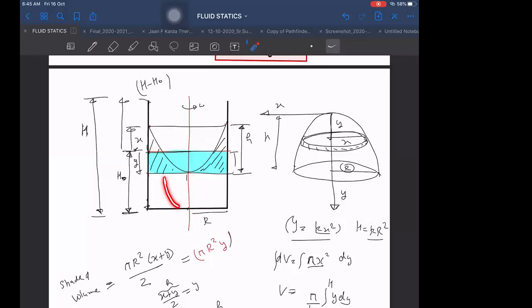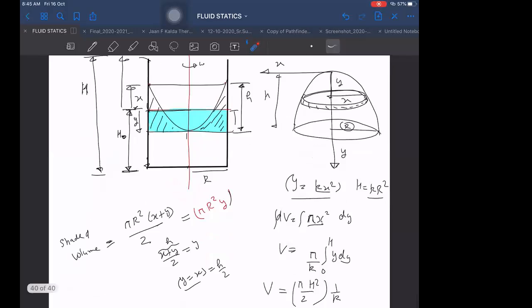If it touches the base first, then we have to be careful, because after that it does not remain a complete paraboloid, and the shape becomes only some part of the paraboloid, not the whole paraboloid. But if it touches the surface first without touching the base, then no problem. Then it remains a paraboloid for that duration.